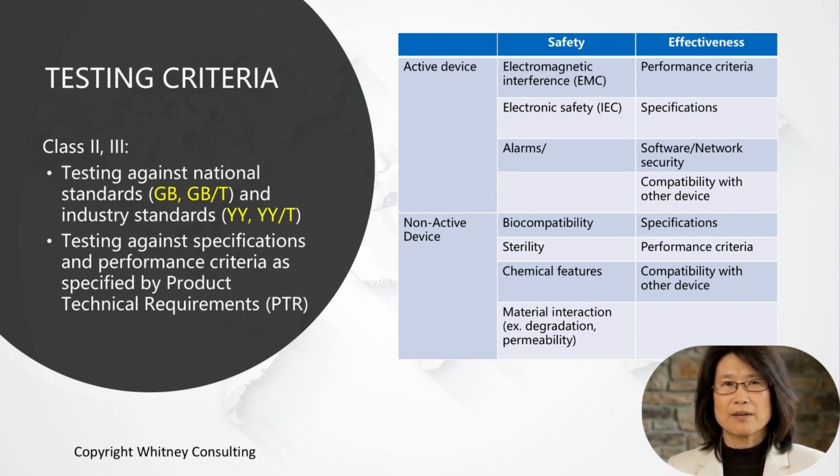For non-active device, biocompatibility is definitely a safety measure. Material interactions or degradation needs to be verified as a safety factor, along with other specifications and interactions with other devices for drug and device combination devices.